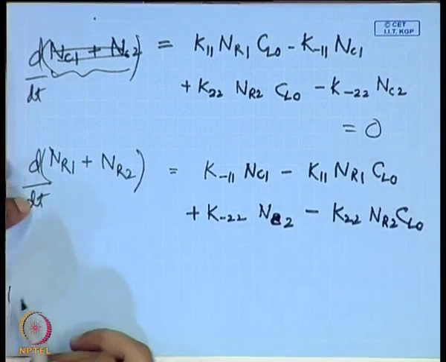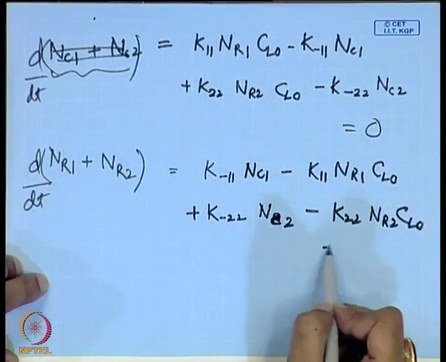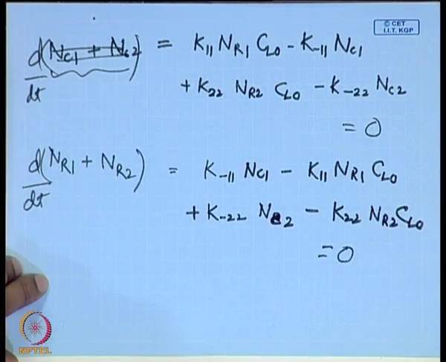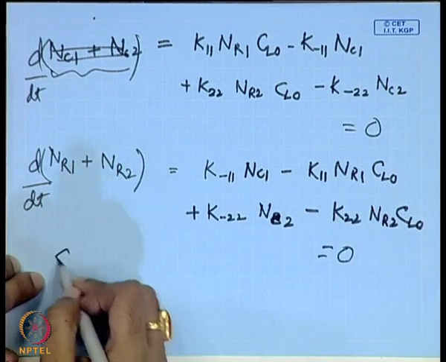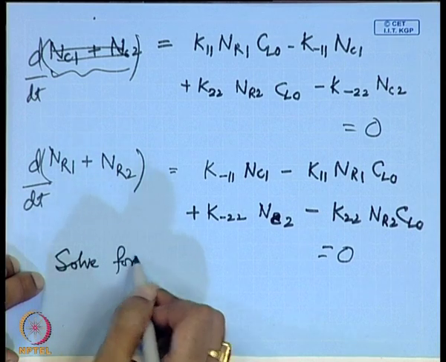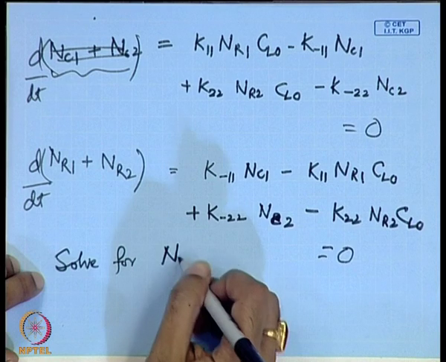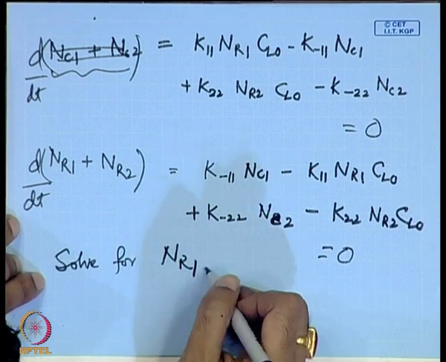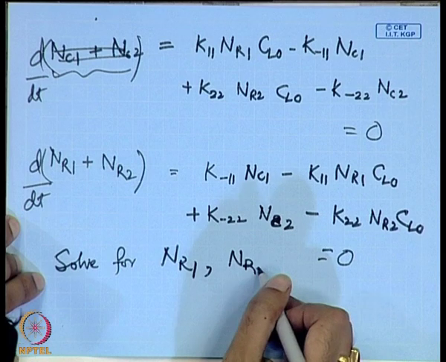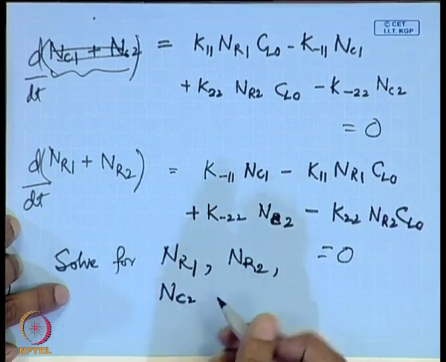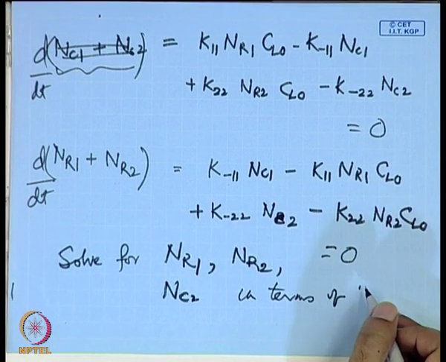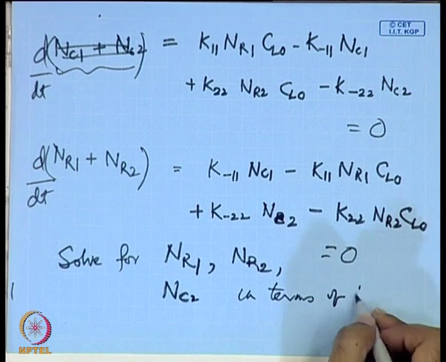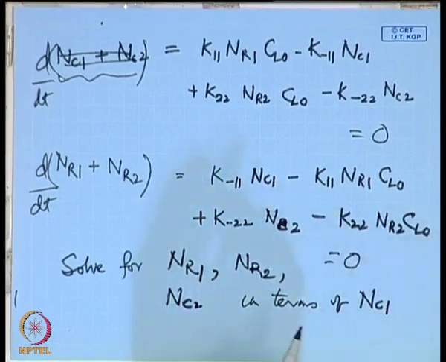So, this is what we get, and this equals 0 at steady state. What we have to do essentially is a little more cumbersome process. We have to solve for NR1, NR2, and let us say NC2 in terms of NC1, something like that.